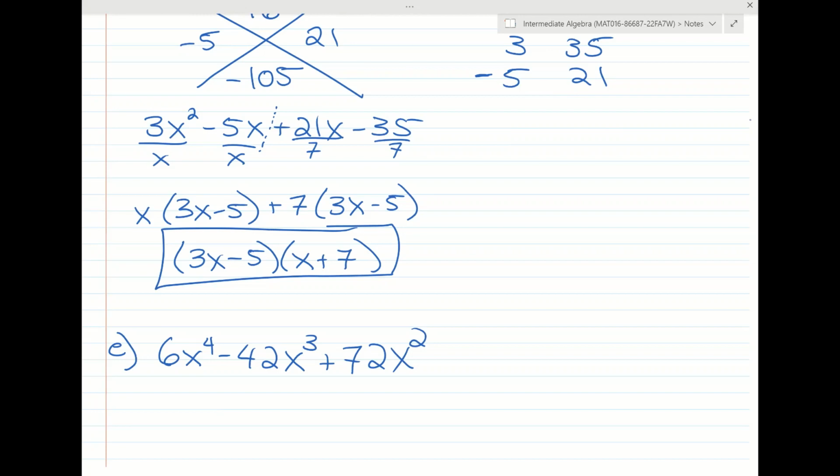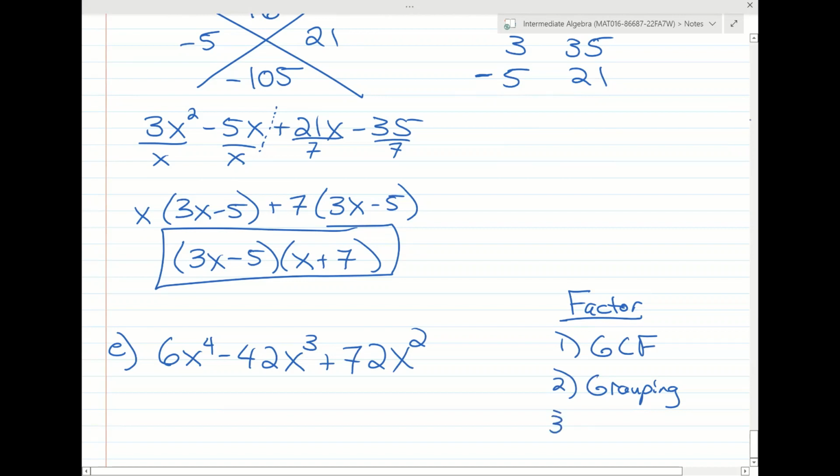Remember earlier, when I started this section, I told you when you factor, we have to follow these steps. The first step, we figure out the GCF. Then we factor by grouping. Then we use trinomials. We always go in this direction.